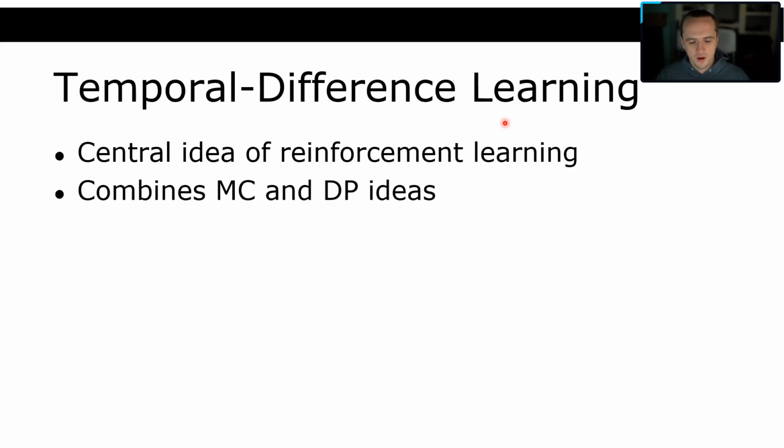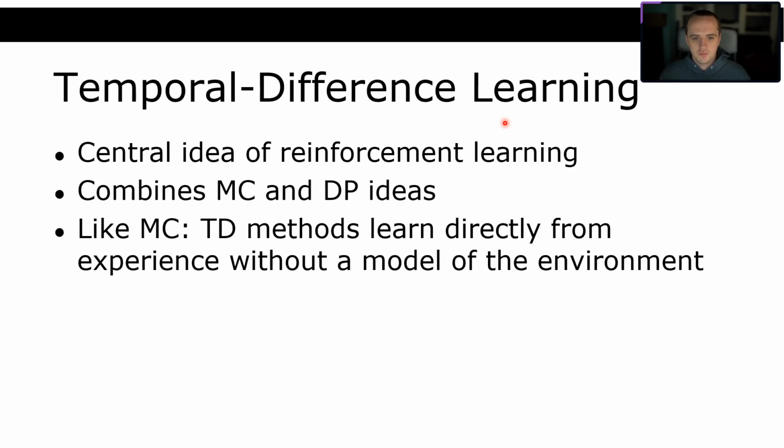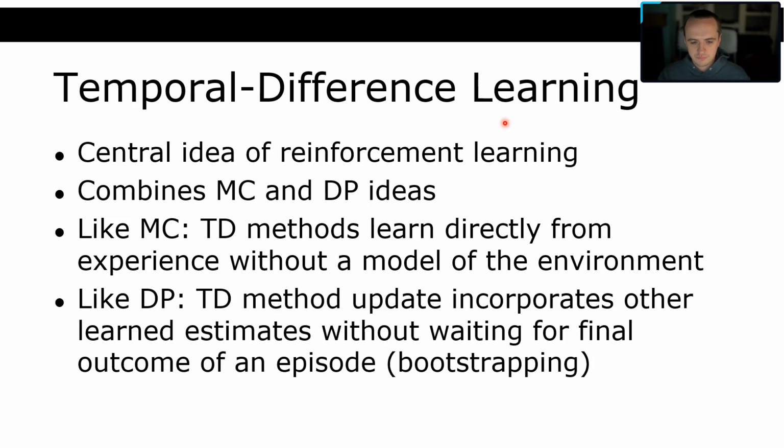We're going to combine the ideas of Monte Carlo methods and dynamic programming methods. Like Monte Carlo methods, temporal difference methods learn directly from experience without a model of the environment. But like dynamic programming methods, temporal difference methods update and incorporate other learned estimates without waiting for the final outcome of an episode. And this is called bootstrapping.